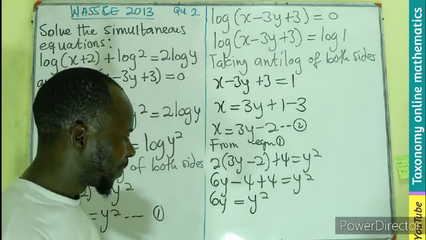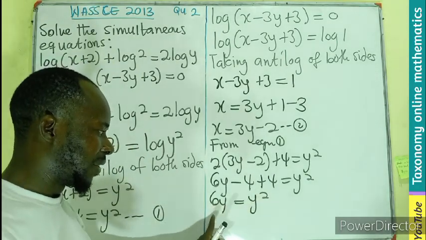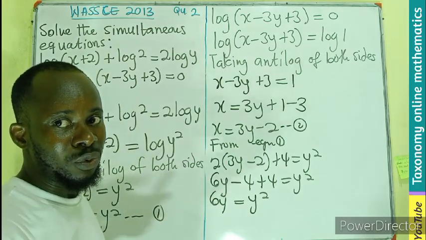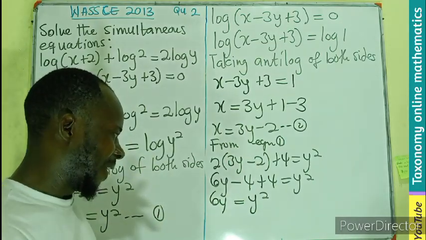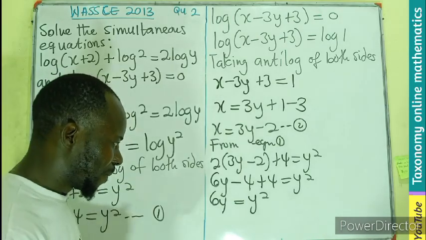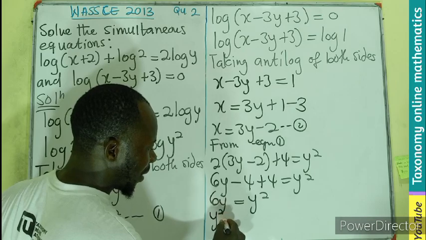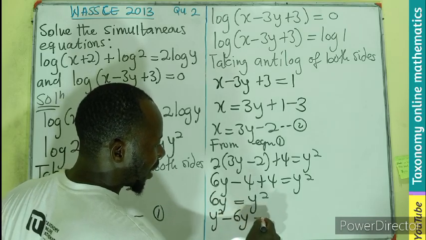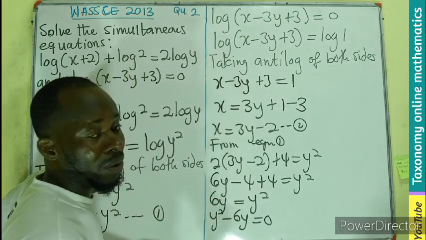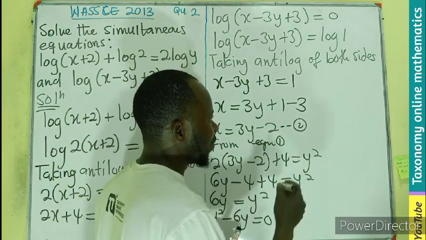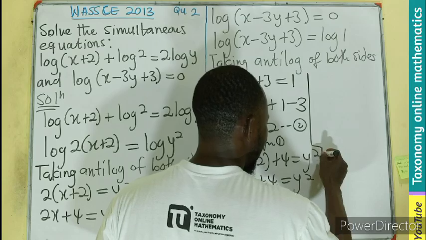What will I do? I can bring this here or that one there, or better still, I can divide through by y. Okay, let's do. Let's see, we send this one there, it becomes y squared minus 6y equals 0. So what happened? We can factorize, right?